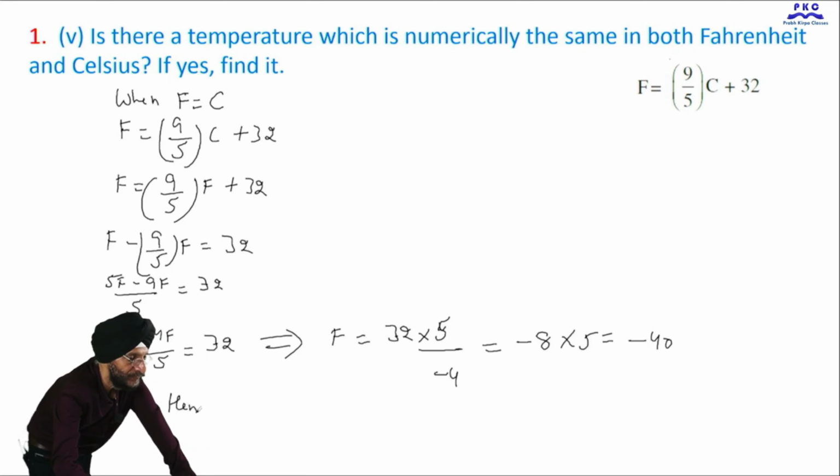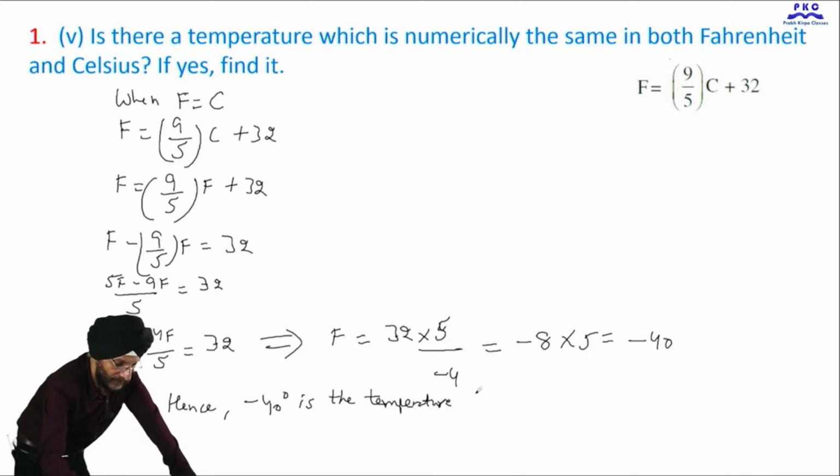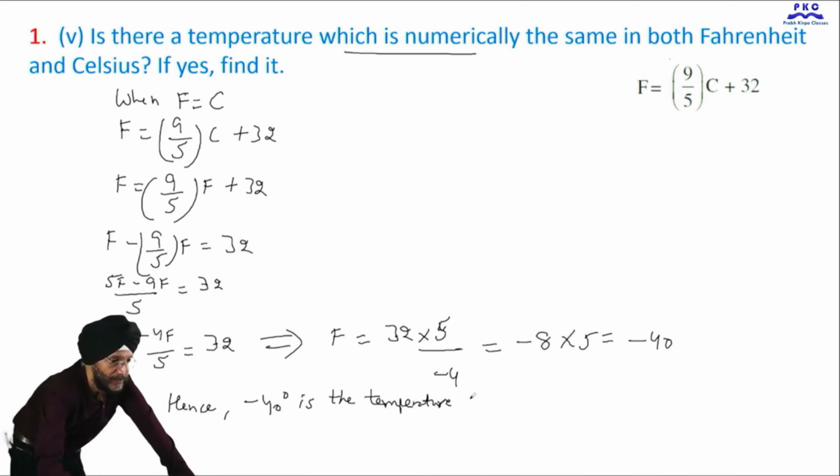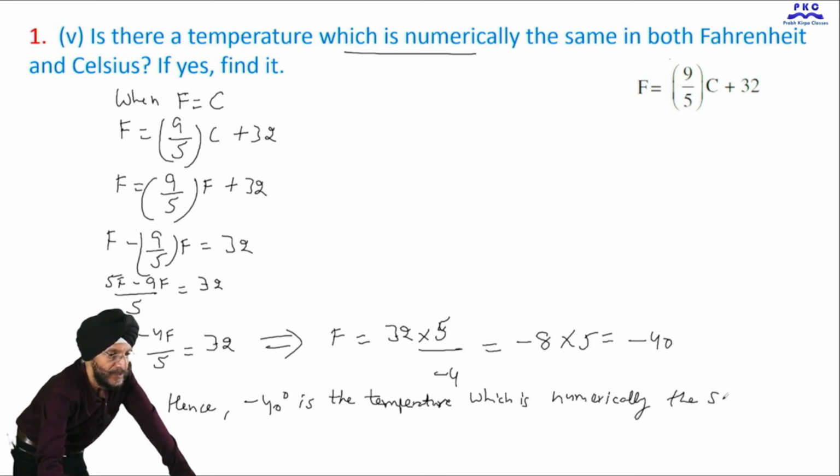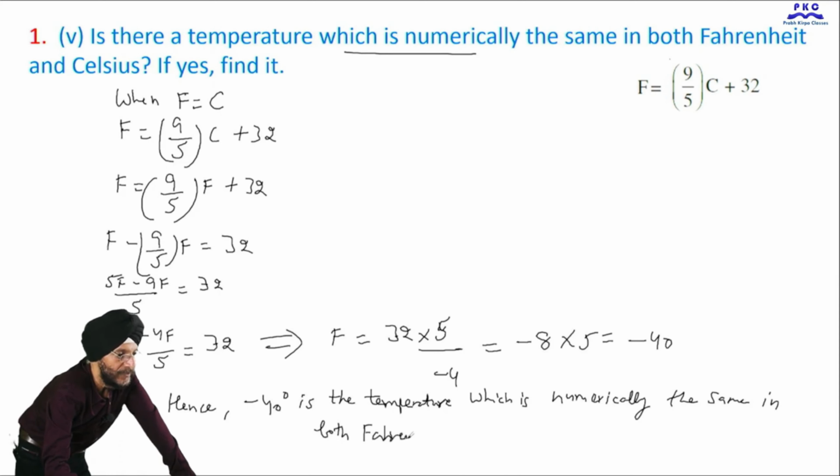Hence, minus 40 degrees is the temperature which is numerically the same in both Fahrenheit and Celsius.